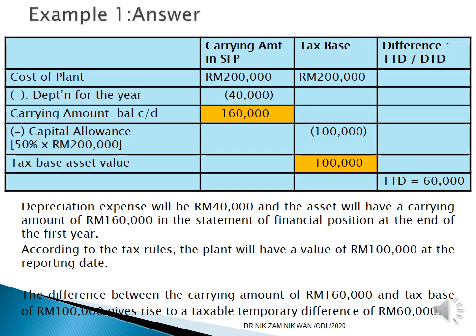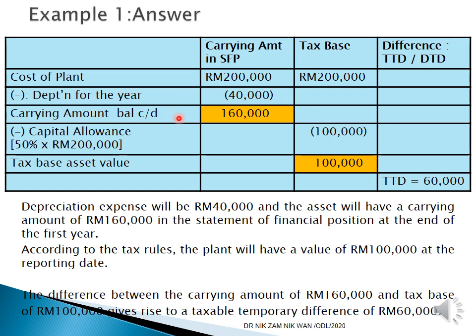So you show your working by using this columnar table. You need to compare carrying amount using accounting rules with tax base using tax rule. If we look at carrying amount using accounting rules, it's actually the same as when you prepare your statement of financial position, where you have cost of plant 200,000 minus depreciation for the year.